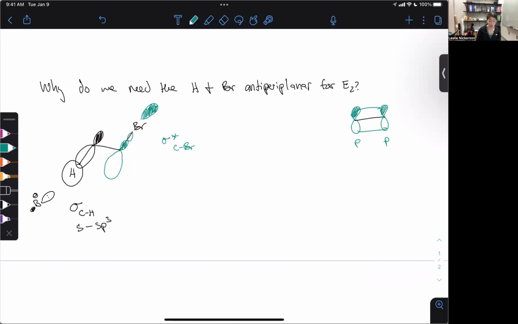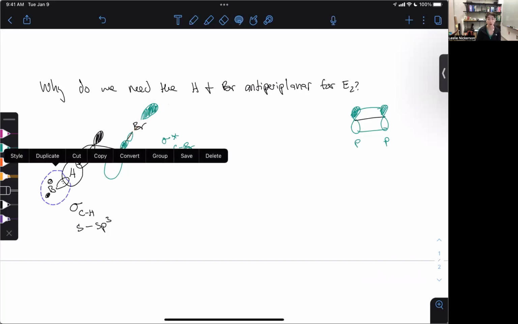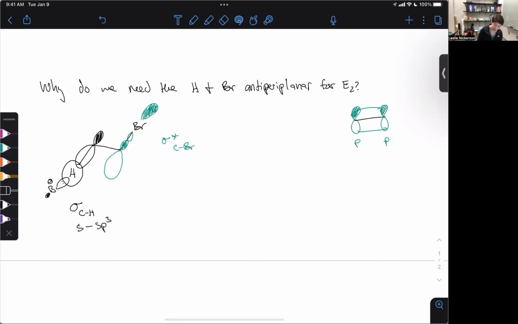Okay, so if we look to see what's happening here, as this base moves in to grab the H, this electron density in that sp3 bond is going to get shared across to the antibonding orbital and then break that carbon-bromine bond.